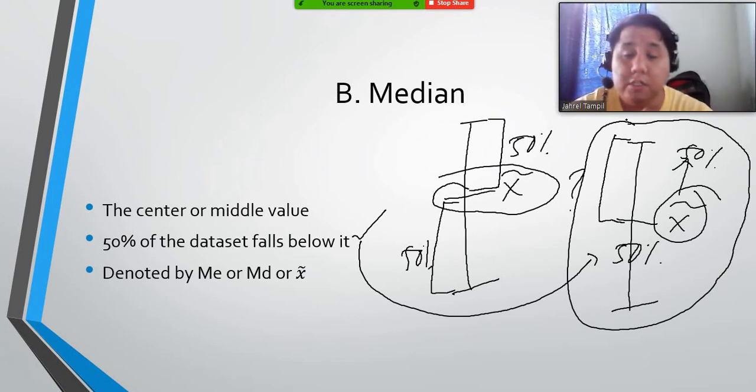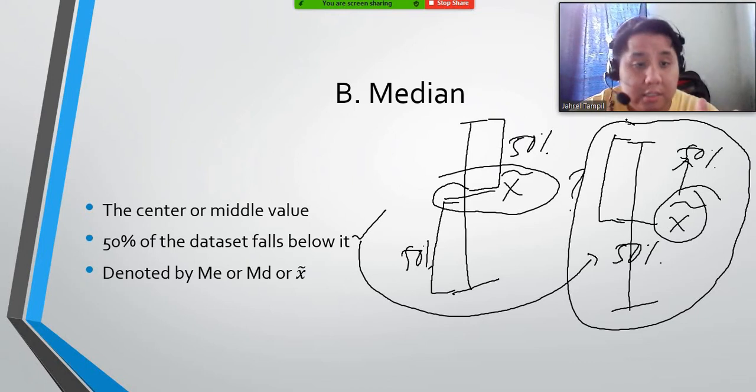In our course, what we will follow is that the median is the data for which 50% of the dataset falls below it, and the median will be considered as the lowest value on the upper half of our dataset.